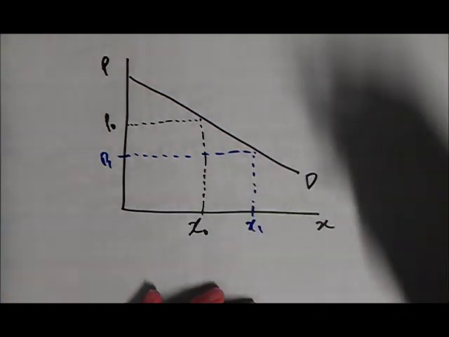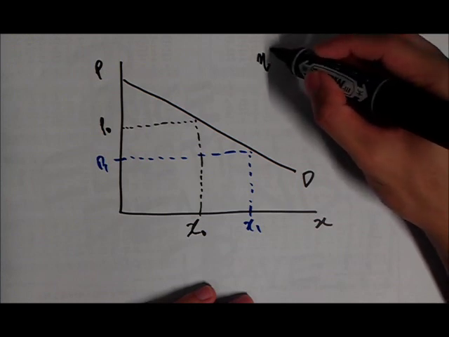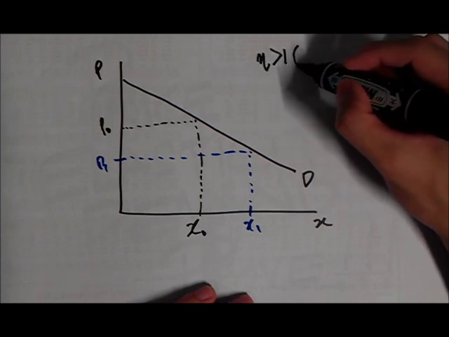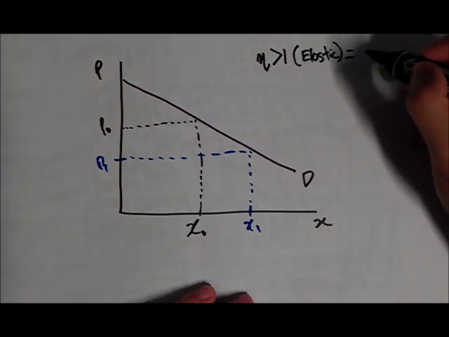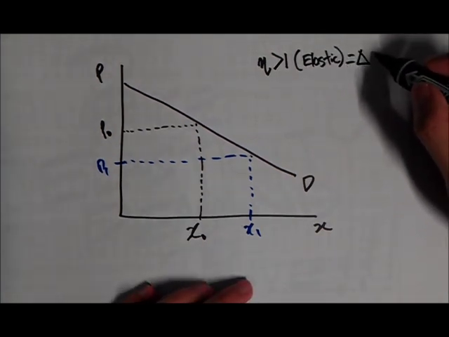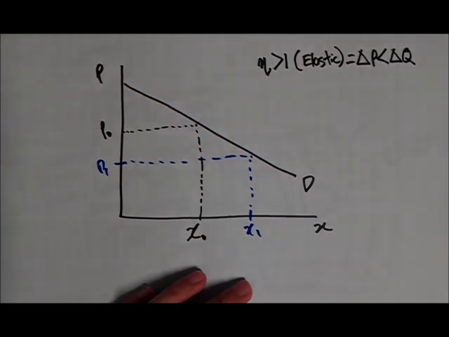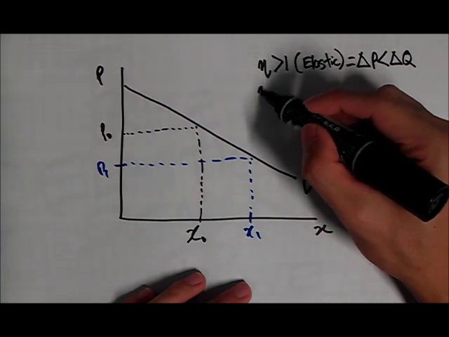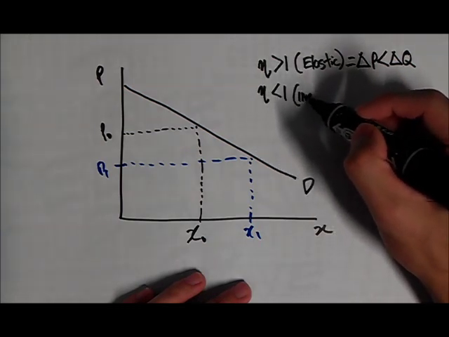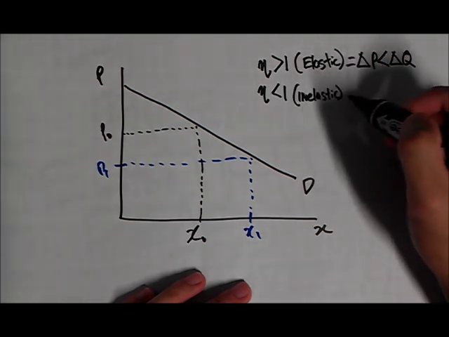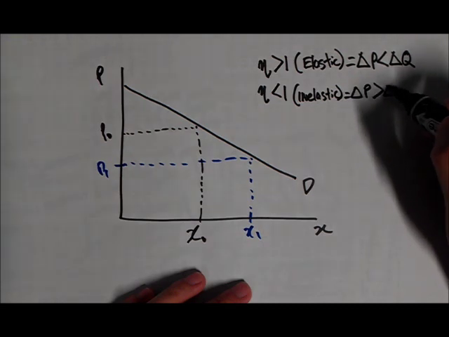We know very well that when the price elasticity is more than 1, or elastic, the change in price will be smaller than the change in quantity demanded. And if it's less than 1, this is inelastic, and the change in price is going to be bigger than the change in quantity.